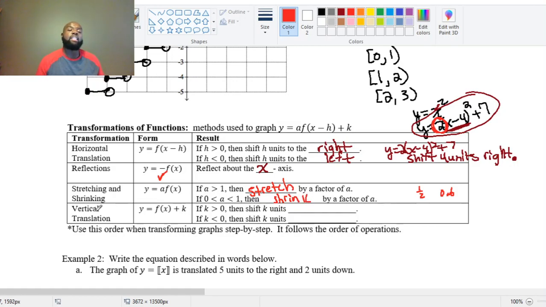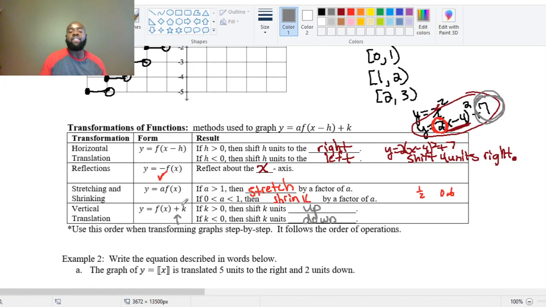And then last but not least, sometimes we can add or subtract a number to the outside of the function. And so that's like that 7 here, that positive 7 there. If you add a positive number, if k is greater than 0, you're going to shift up. If it's less than 0, you're going to shift down. And the reason for that is because there's a plus sign there.